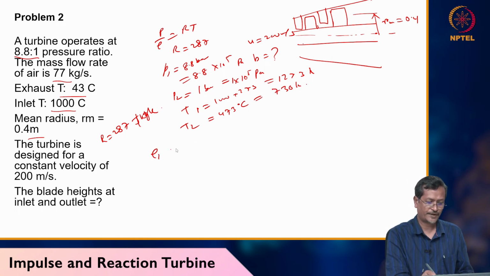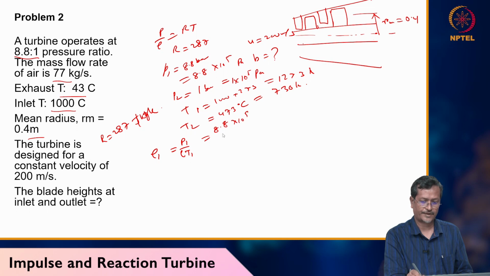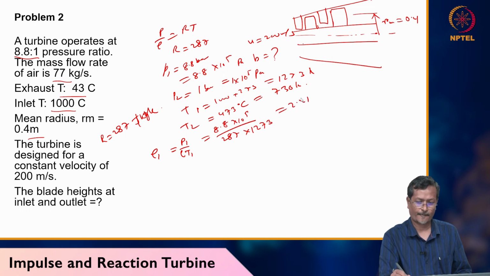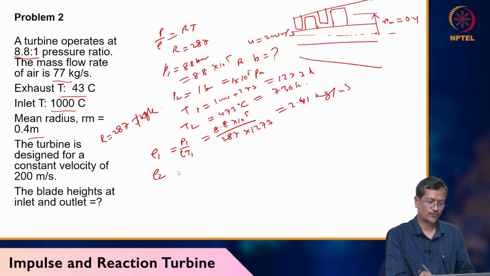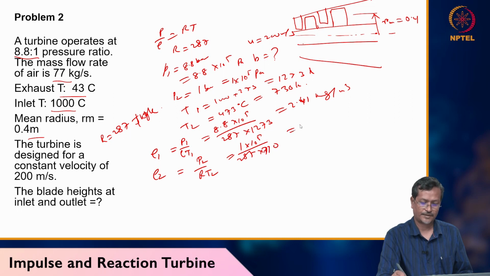So rho 1 equals P1 by R T1 equals 8.8 into 10 power 5 divided by 287 into 1273, which is 2.41 kg per meter cube. Rho 2 equals P2 by R T2 equals 1 into 10 power 5 divided by 287 into 710, which is 0.49 kg per meter cube.